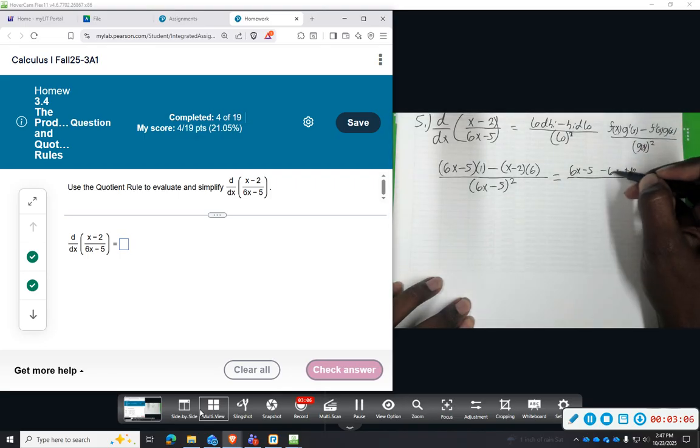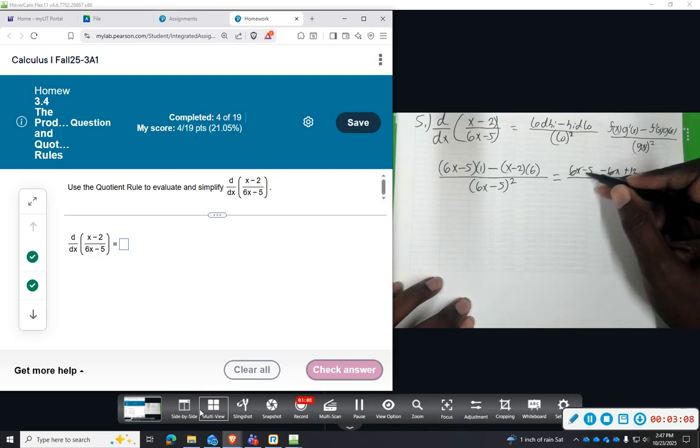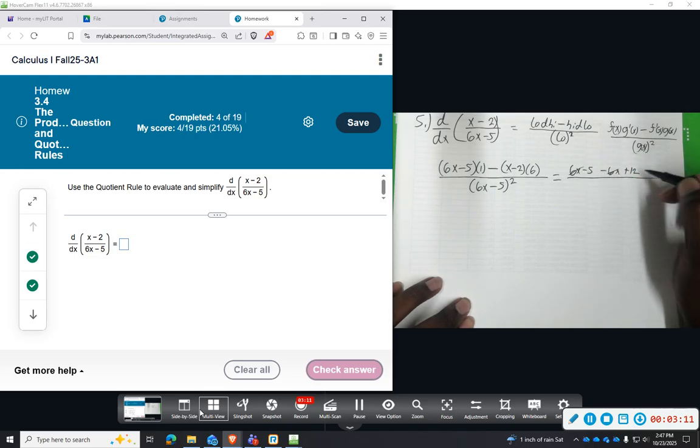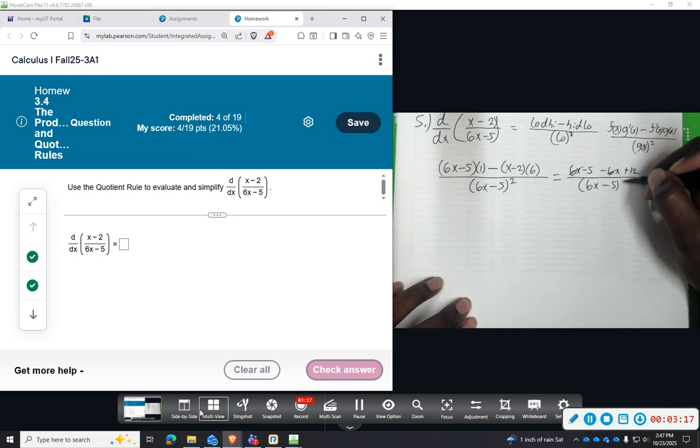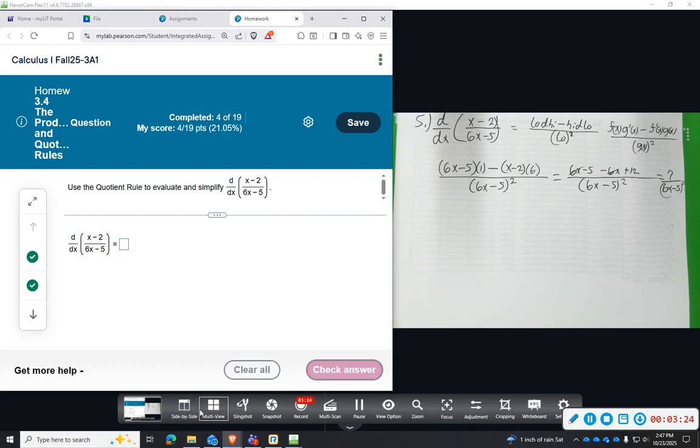And then you can see the positive and negative 6x will cancel. You can combine the 12 and 5, that'll give you 7. And then on the bottom we still have the 6x minus 5 squared. Alright, so 7 divided by 6x minus 5 squared.